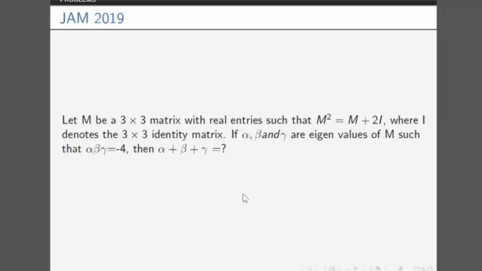This is the second question. That is, M is a matrix of order 3 with real entries, and it satisfies the equation M square equal to M plus 2I, where I denotes the identity matrix of order 3. Take its eigenvalues to be alpha, beta, and gamma, such that their product is minus 4.